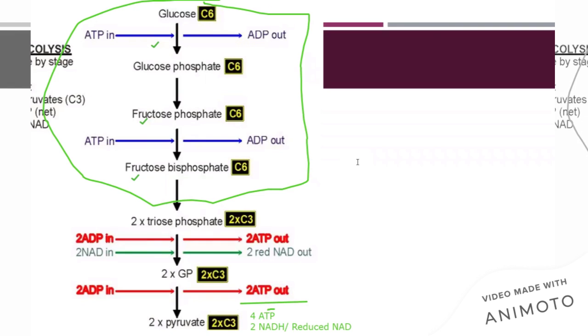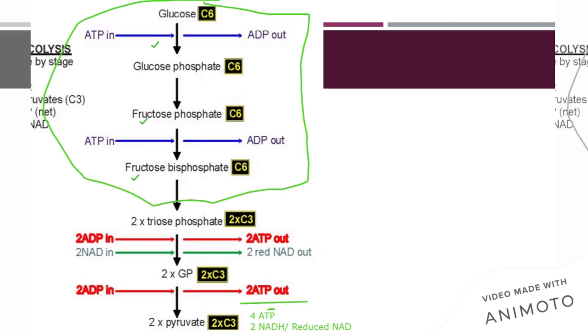Go back up top. We see where we would have invested about 2 of my ATP, so I need to get back my capital from it, so I'm going to take it out. So really and truly, from the process of glycolysis, we would have produced 2 pyruvic acid, 2 ATP, and not 4, because we invested 2, so it's 2 ATP and 2 reduced NAD.